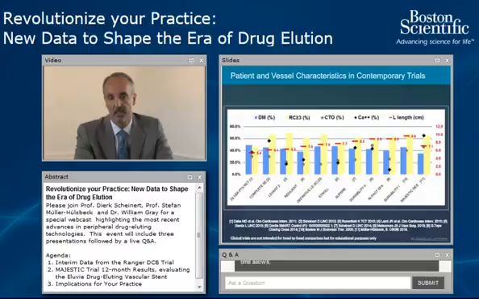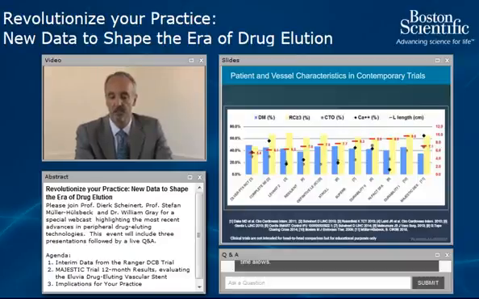When we as operators look at these data and we try to compare across trials, it becomes difficult to do that because there are some drivers of outcomes among these trials that we might be confounded by from trial to trial. So some trials may contain more diabetes, longer lesion length, more total occlusions, or worse calcification.